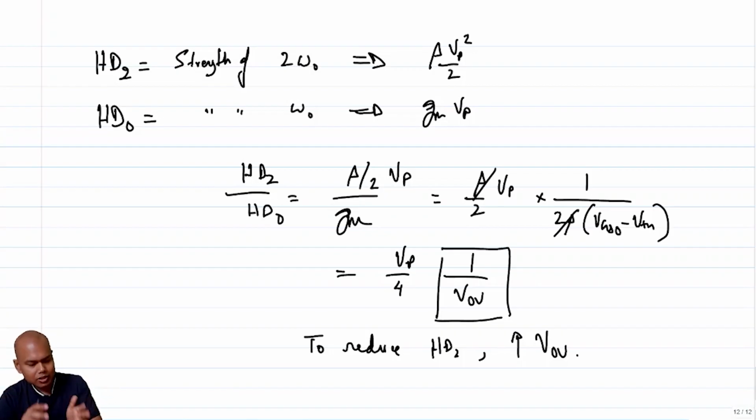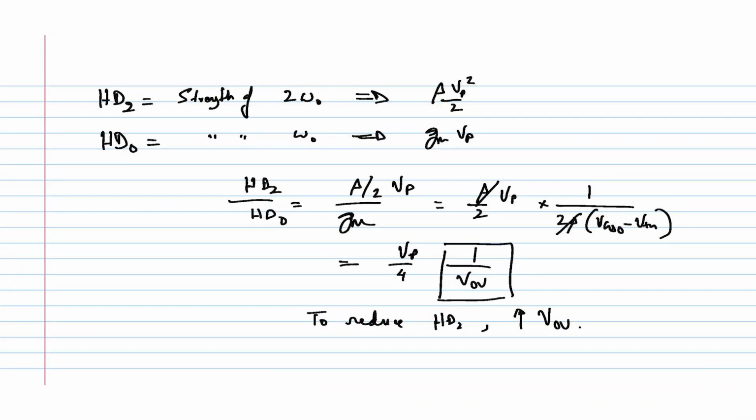So increasing the overdrive can only help if your design is not limited by the output signal swing. If it is, this will not help. So when you are designing, you have to identify whether your distortion is due to the input, the distortion of the current, or the distortion of the output voltage. Okay, let's stop here.